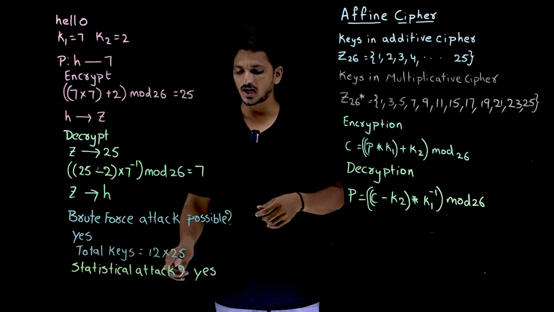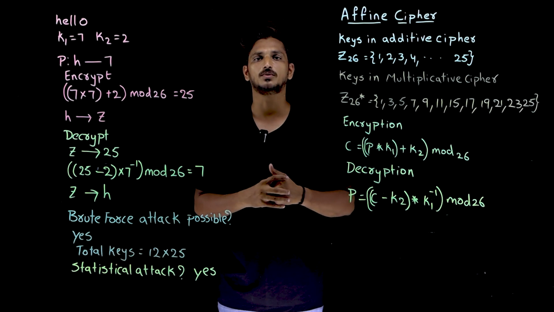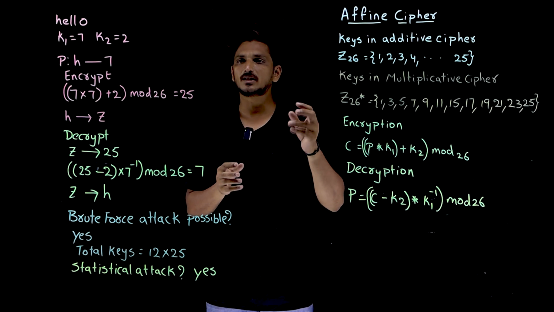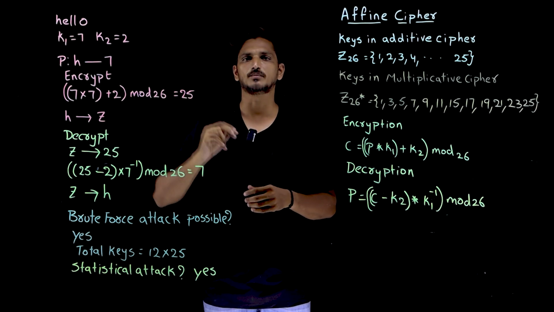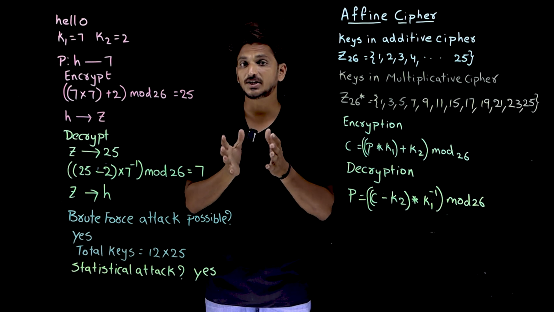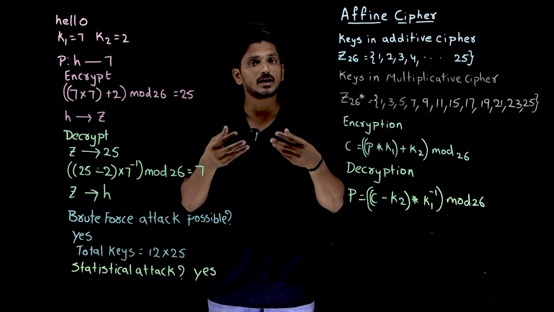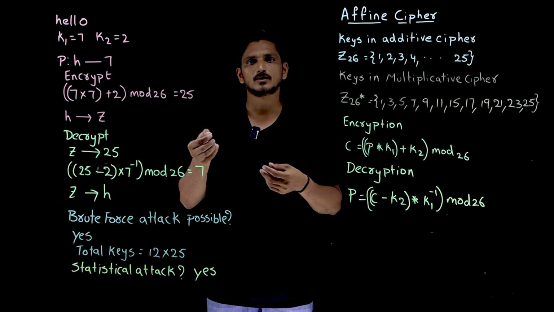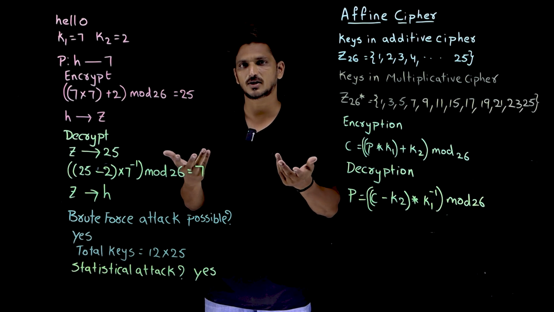Similarly, is a statistical attack possible? Yes, statistical attack is possible. What does statistical attack mean? See here, in HELLO, L is repeated 2 times. Statistical attack means that in English the frequently used character is E. We are not going to change any statistical values, they are the same.